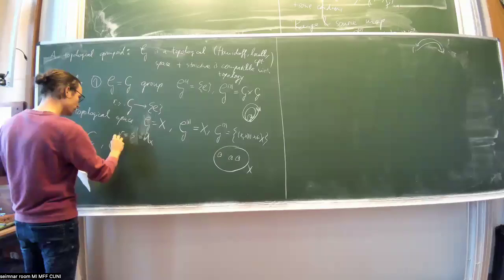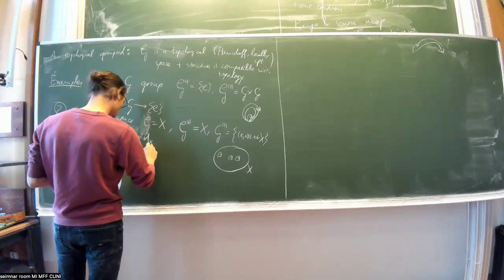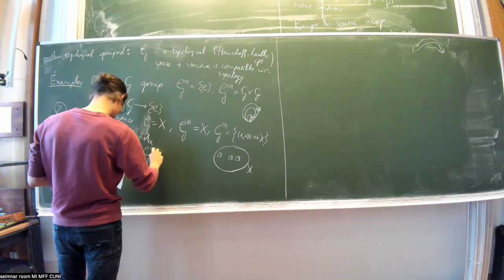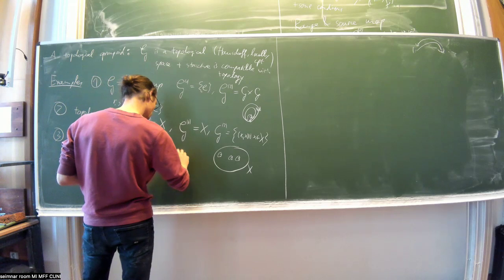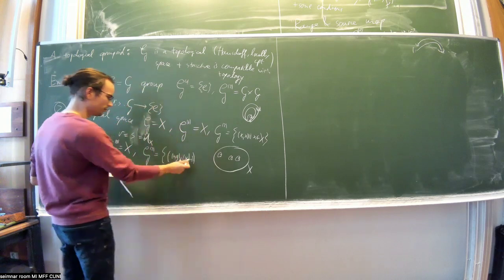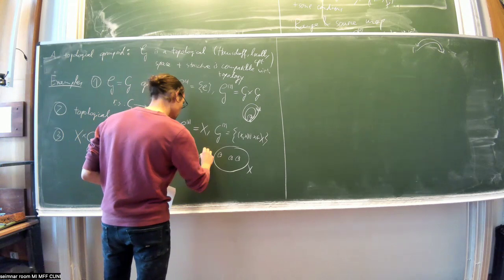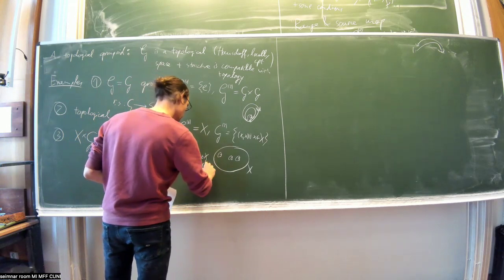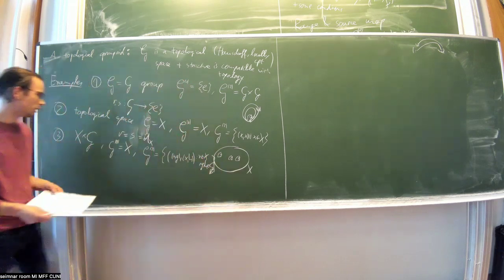Here the unit space is the space, and the arrows are pairs (x, g), (x, h). So it's important that the base point in the space is the same. The rest doesn't matter.